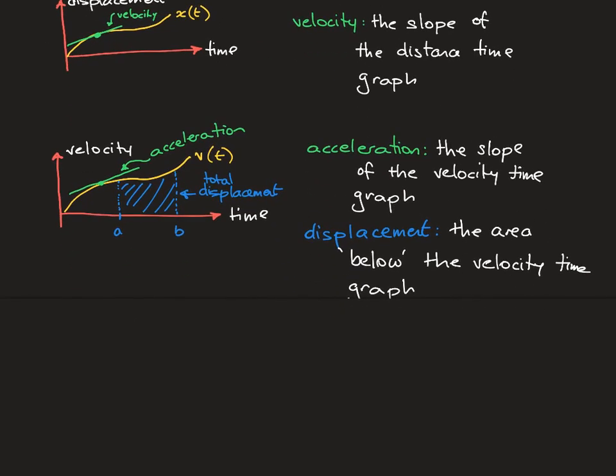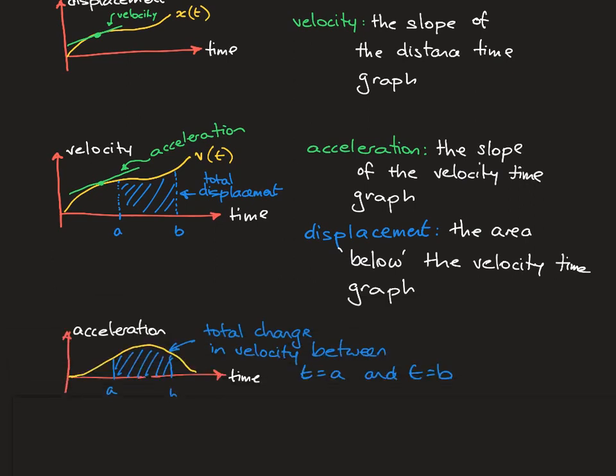And then finally, we look at the acceleration time graph. We have acceleration on the vertical axis, time on the horizontal axis, and this is our acceleration curve. So that should say a of t. We know if we integrate acceleration, then we get the velocity.